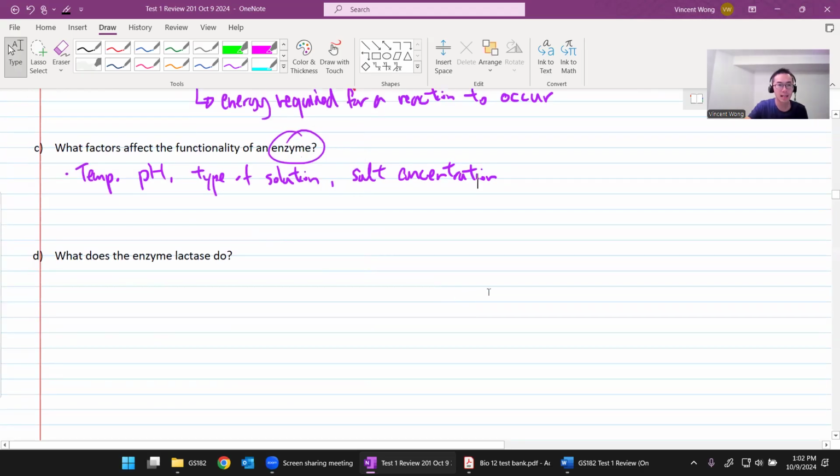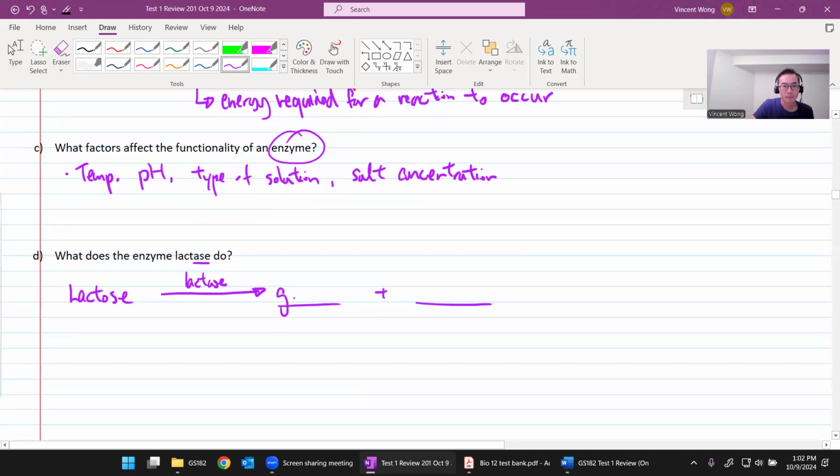What does the enzyme lactase do? Lactase basically breaks down lactose. If you add lactase, we put the enzyme on top of the reaction arrow. Does anybody remember the two things that make up lactose?